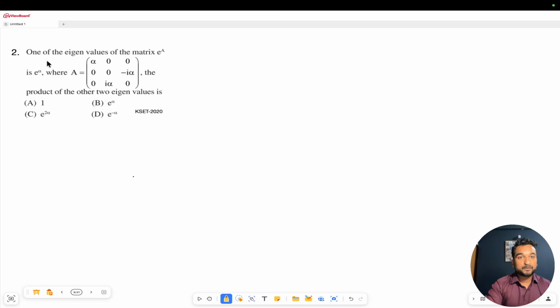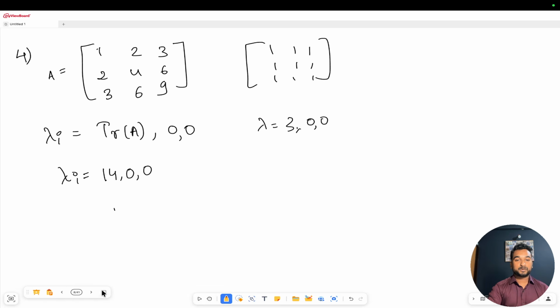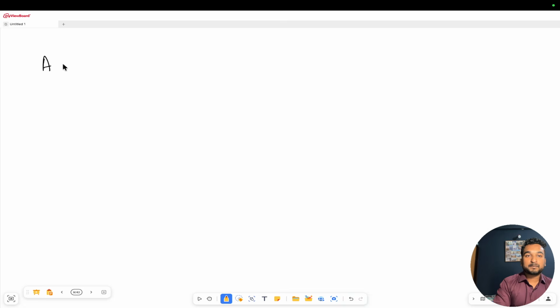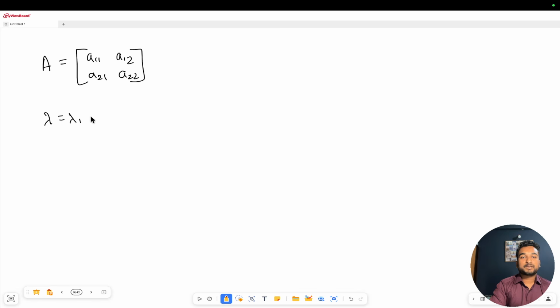So the question is, one of the eigenvalues of a matrix. Okay, I have to tell you some more properties. If matrix A with elements A11, A12, A21, A22 has eigenvalues lambda 1 and lambda 2, and I take any function of this matrix, f of A, then the eigenvalues for this matrix will be f of lambda i.